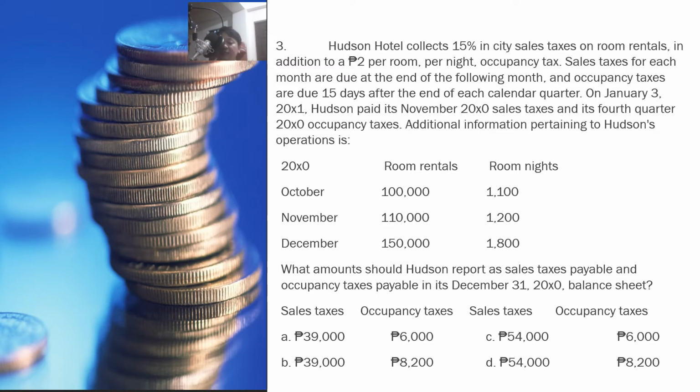So, yung 100, 110, 150, yun yung room rentals. Tapos, in addition dun sa city taxes, nagkukolekt pa siya ng 2 pesos per room as an occupancy tax. Room per night. Yun. So, 2 pesos per room per night. So, yun naman yung 1,100, 1,200, and 1,800. Subject to 2 pesos per night.